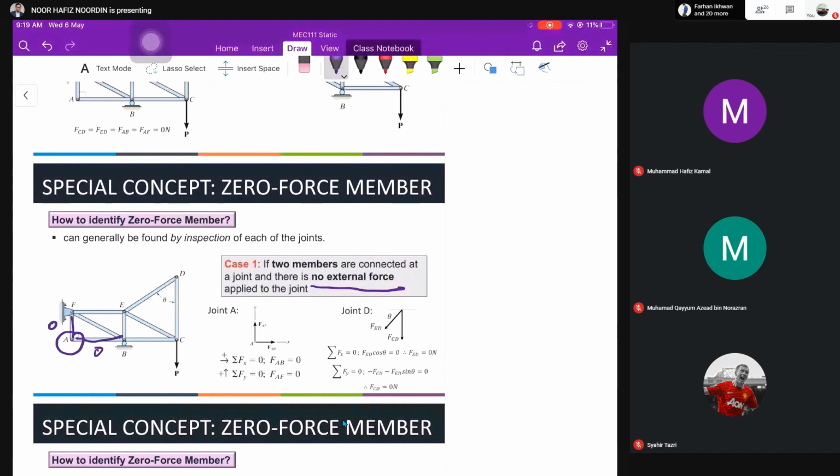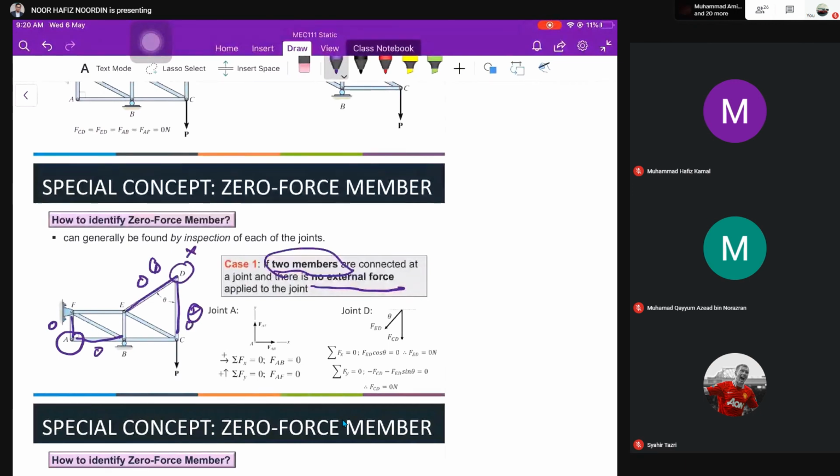The same thing goes to the point D ni. Sebab dia ada dua slender member, two members. So they join dekat point D. And then tiada force dekat D, tak ada external force. So ini juga kita kenali sebagai zero force member.